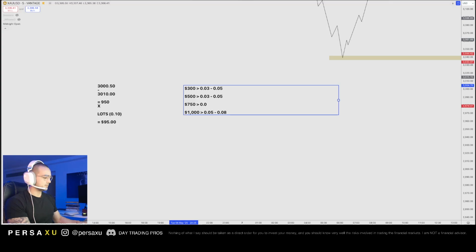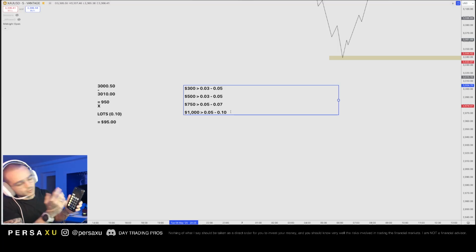And for 750, you can increase a little bit. I would roughly just stick with 0.05, and here do 0.07 tops. And here I would do something like this. Again, why? Because 0.10 times 200 pips, points, or whatever the decimals, is $20.